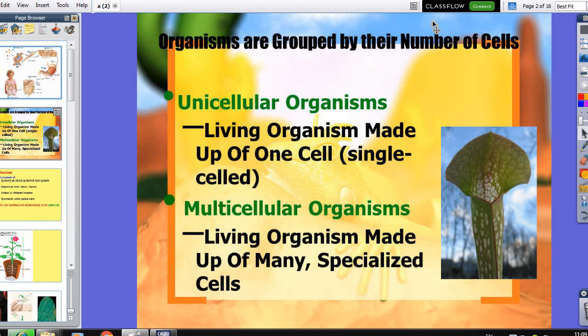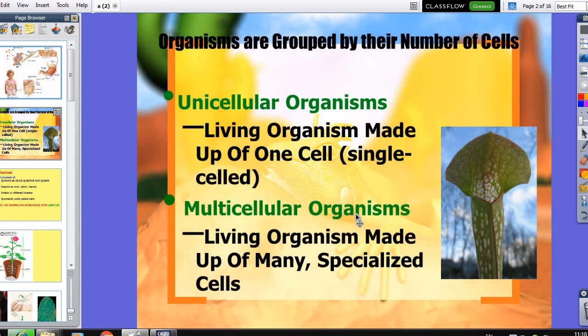I will divide the living organisms according to the number of cells into two types: unicellular living organisms and multicellular living organisms. Unicellular living organisms are the living organisms whose body consists of one cell.